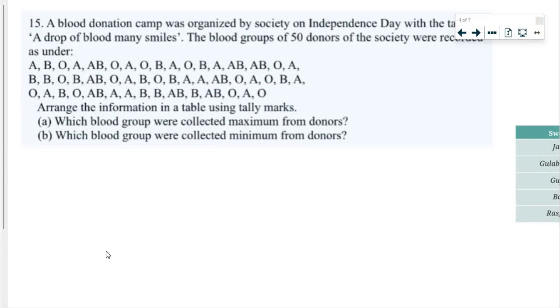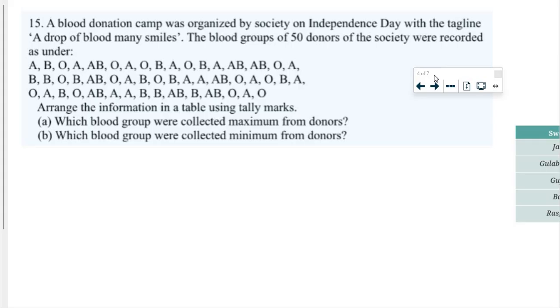A blood group donation camp was organized by a society on Independence Day with the tagline, "A drop of blood, many smiles."